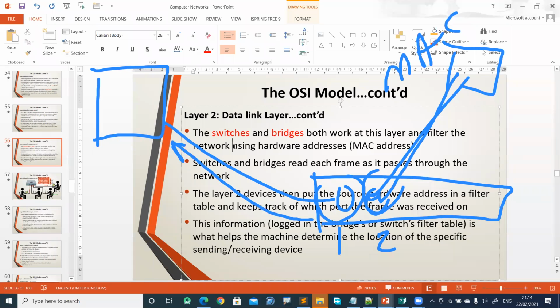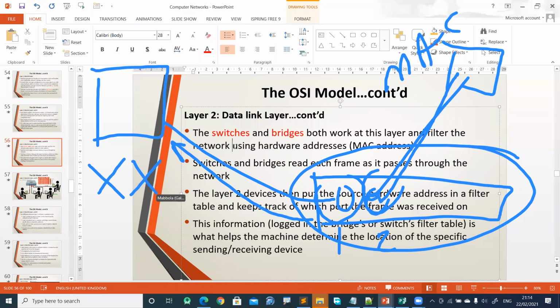This gadget will store a record: port number 1 has MAC address XX, and port number 2 has XY. It will keep that record.